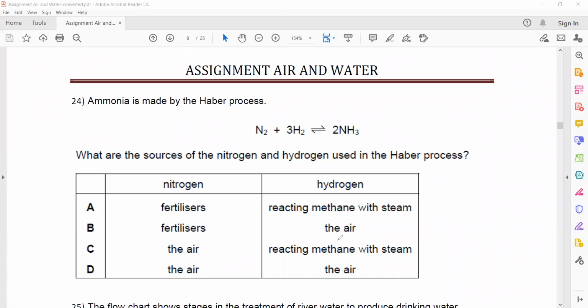It's by fractional distillation of air. And we get hydrogen by reaction of methane with steam, or cracking of a hydrocarbon, or hydrolysis.